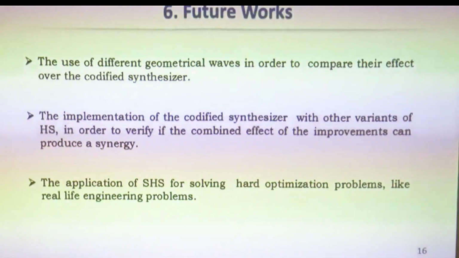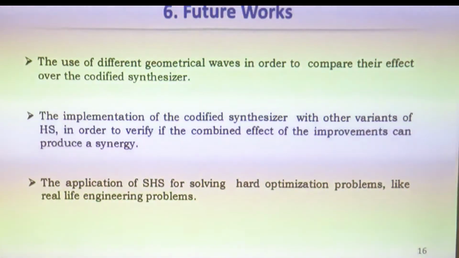For future work, we propose using different geometrical ways. Here we use a triangular way. In future work, we can use a square and sawtooth way to evaluate the effect of the selection of the way in the results.